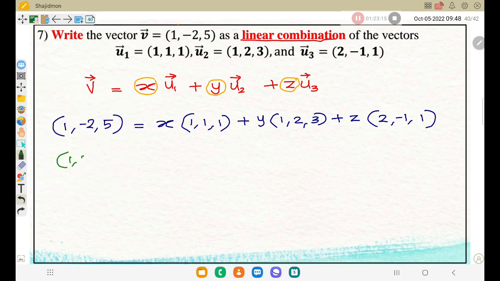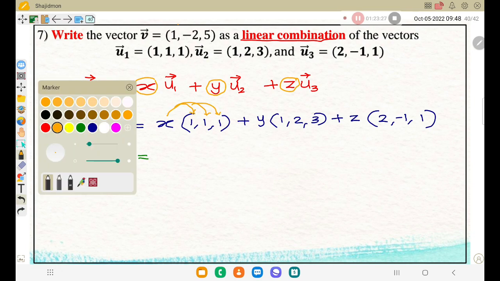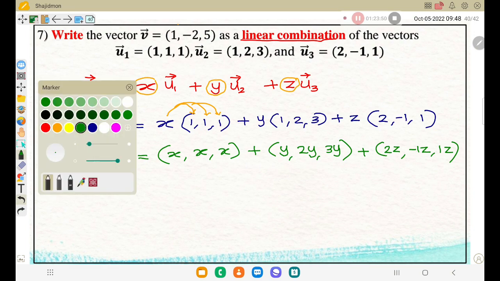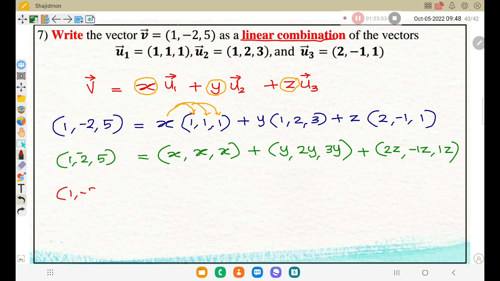So we can write x multiply 1 is x, plus y multiply 1 means y, y multiply 2 means 2y, y multiply 3 means 3y, plus z multiply 2 means 2z, minus 1z, 1z. Correct?